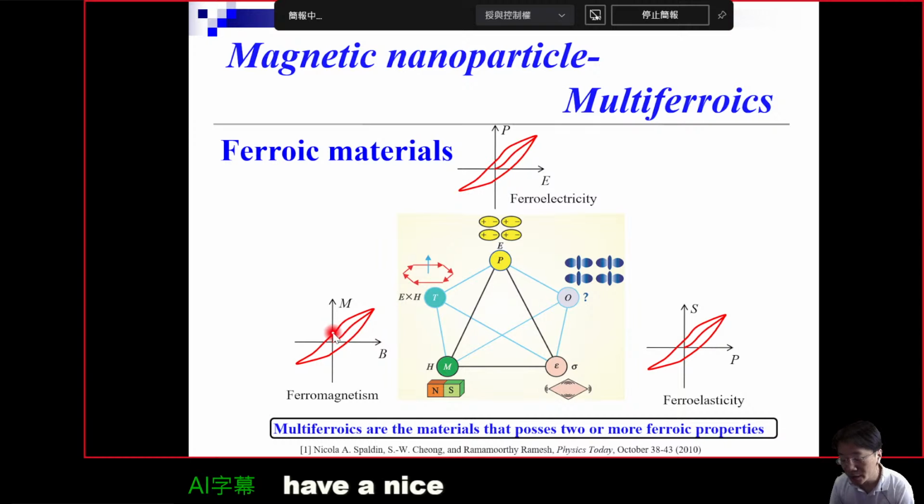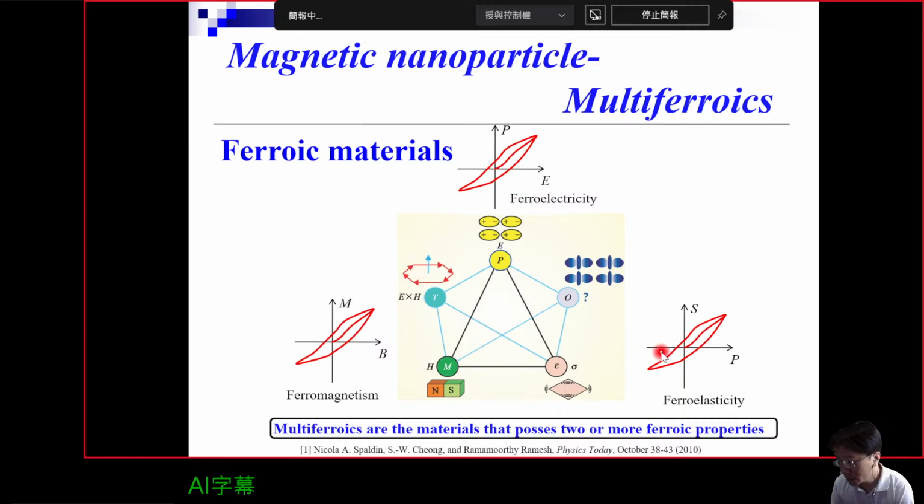For this kind of material, we call that ferromagnetism. Similarly, when we apply an external electric field and return to zero, if there is some remaining electrical polarization, this kind of material we call ferroelectricity.